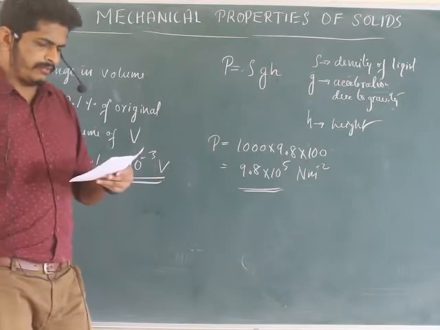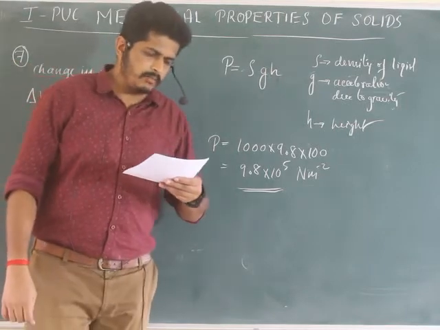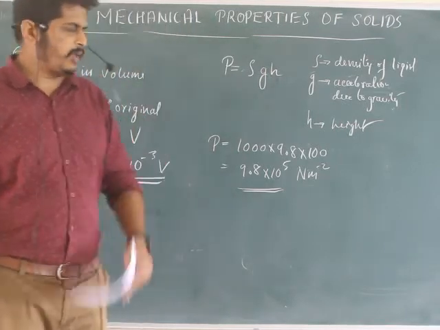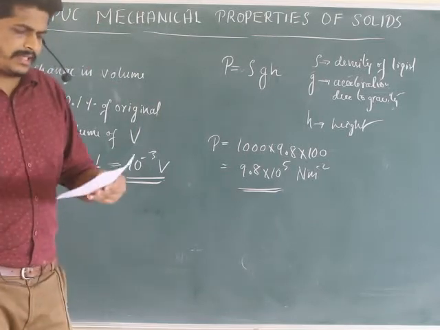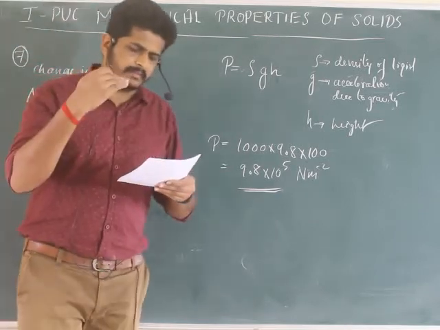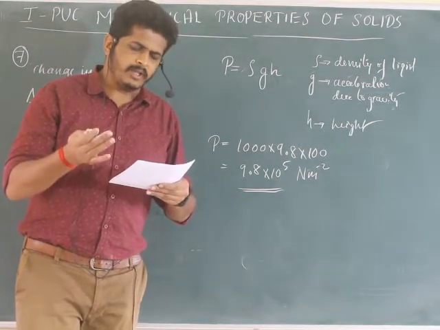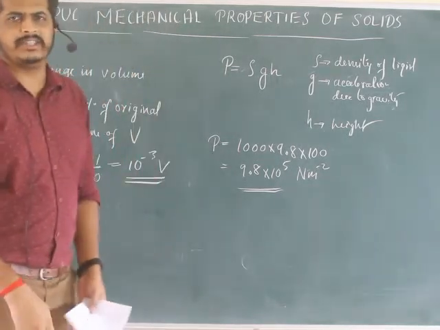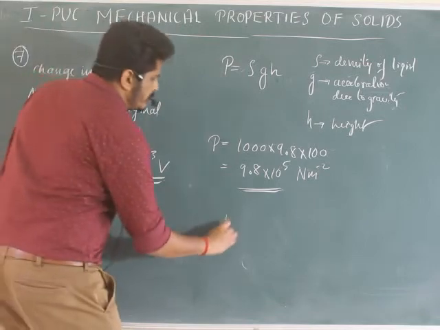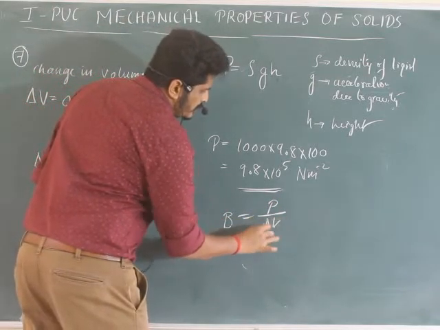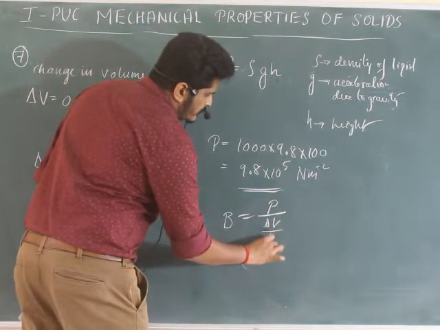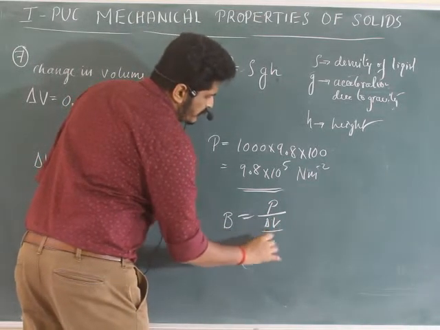Then what we require to find out here? Bulk modulus we have to find out. So bulk modulus means, yes, you can see there, pressure is ready. So bulk modulus, already we have solved such kind of numericals. We can take directly like pressure divided by the volumetric difference.